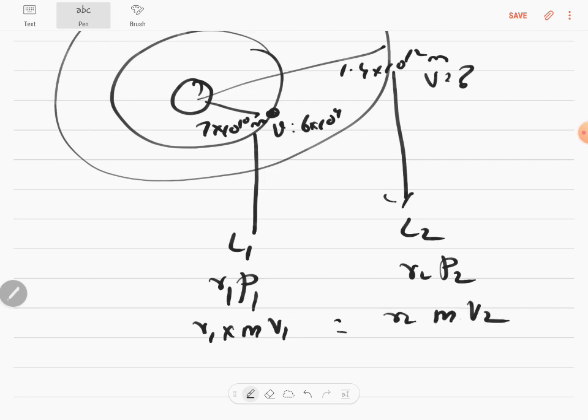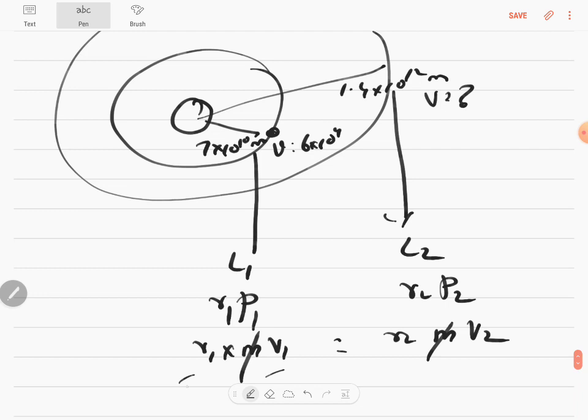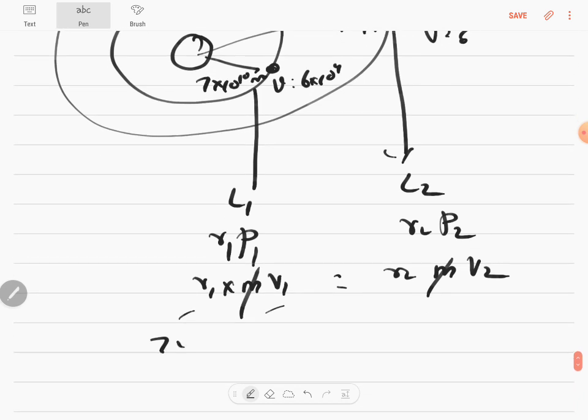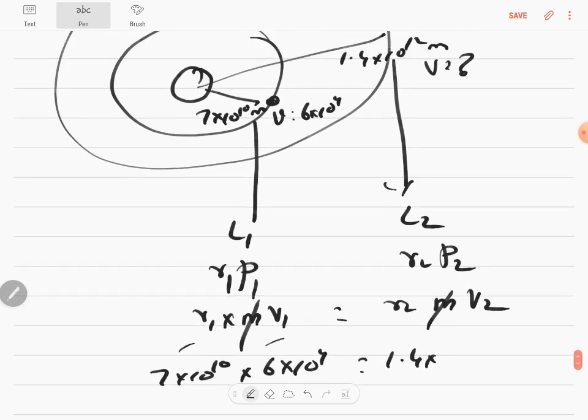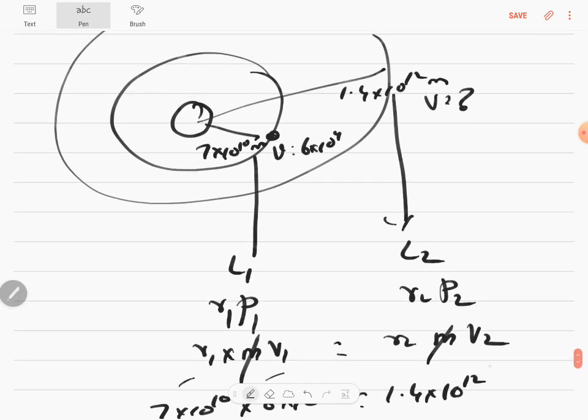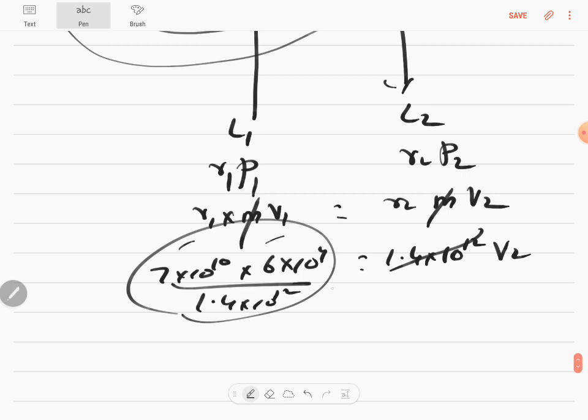Because the mass is the same at nearest and farthest, m and m will get cancelled. So r1 v1: r is 7 into 10 to the power 10 into velocity 6 into 10 to the power 4 is equal to r2, which is 1.4 into 10 to the power 12, times v2, which is what they're asking. Just strike this off and bring this down and do the calculation, and that will give you v2, in meters per second.